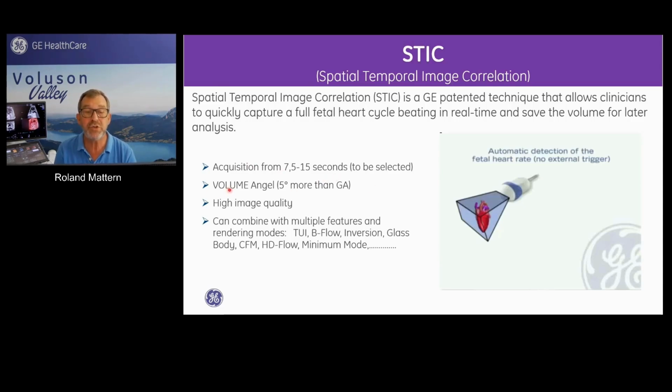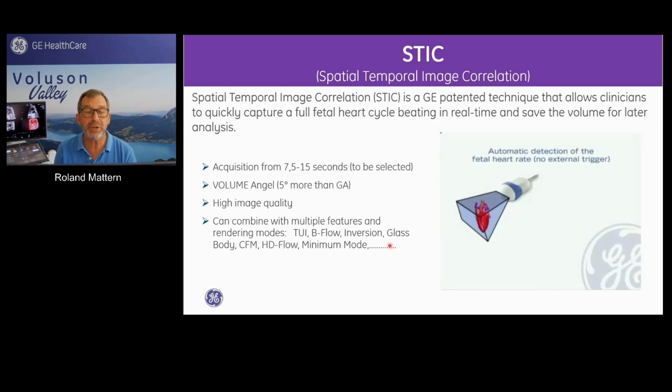Then you should choose the correct volume angle, which means a volume angle 5 degrees more than the gestational age, and a high quality. After that, this can be combined with multiple features and rendering modes like TUI, B-flow, inversion, glass body, and so on.